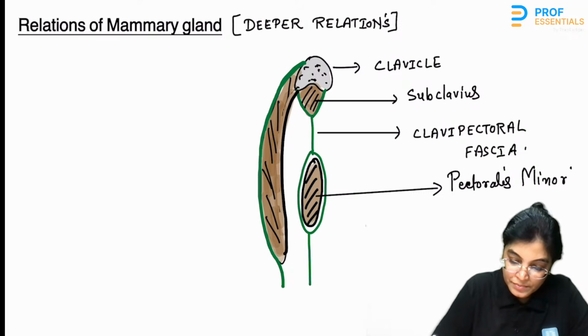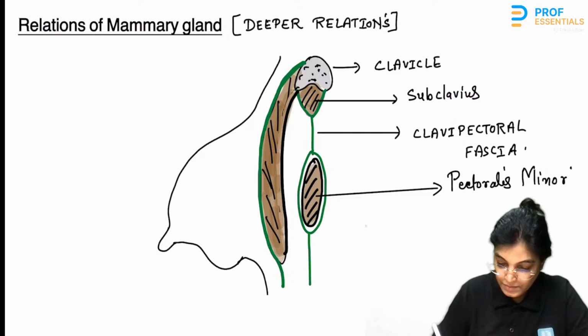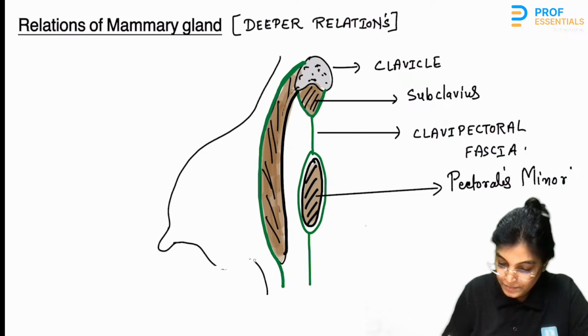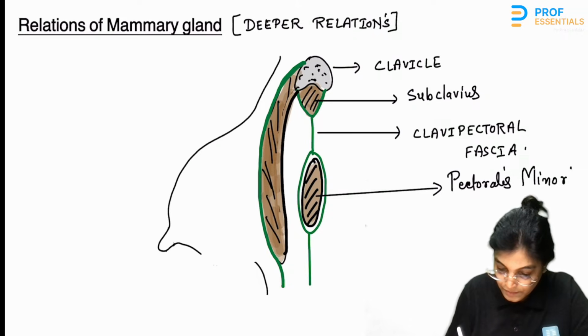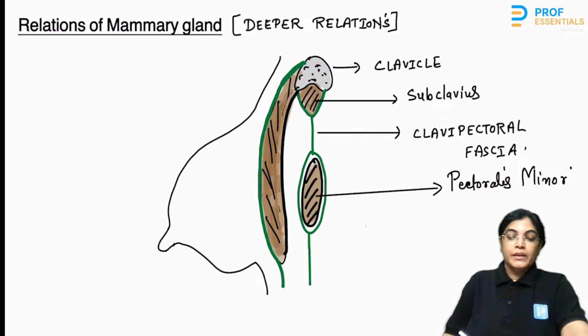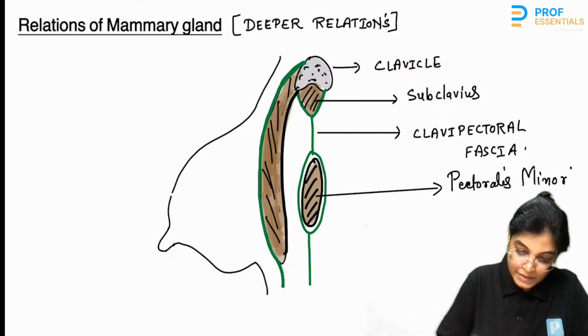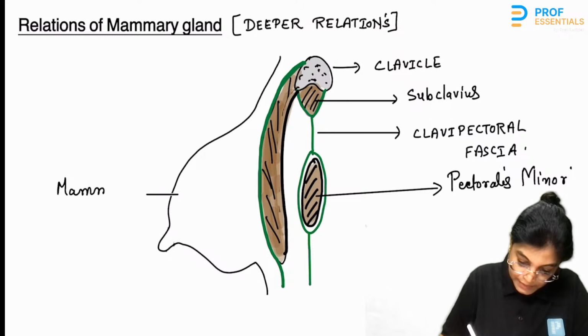Now, this is the breast outline. Here you can just label it mammary gland.